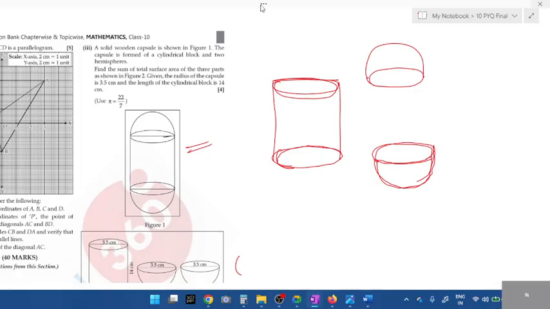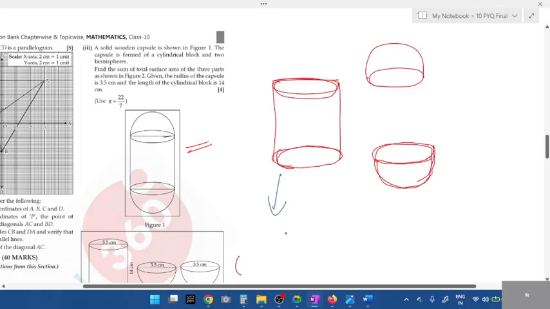We need to find total surface area. Tell me what is total surface area formula for cylinder? Total surface area. For total surface area, what you have to include? Total surface area is, I told you, curved surface area plus, there are two circles, right?